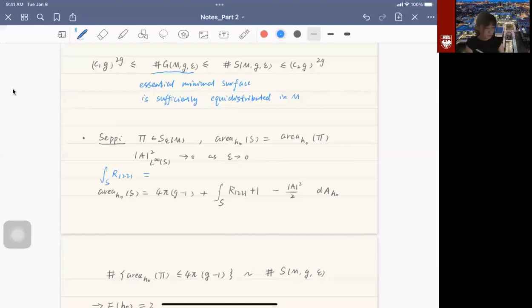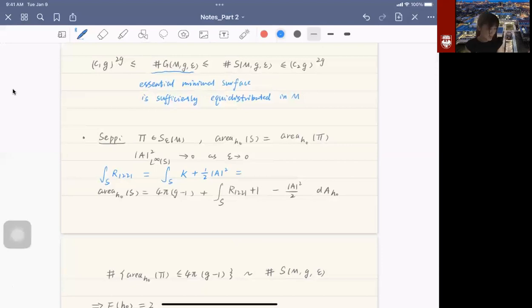This can be computed by the integral of the Gaussian curvature K plus 1/2 of the square norm of the second fundamental form on S.